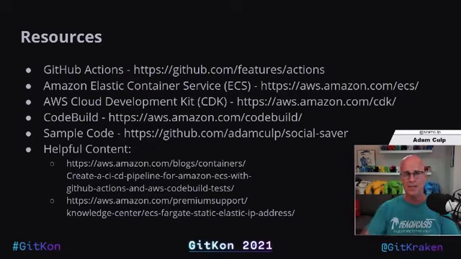So I basically did that to create Social Saver as an example. And if you want to check out that blog post, it's really helpful, really, really useful. And then there's also on Amazon support, they created an ECS Fargate static elastic IP address that can kind of give some insight into how to assign IP addresses to these containers and so forth.